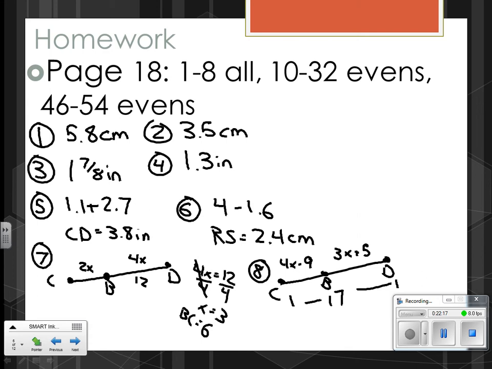How can I set this up? What do we say is true about part plus part? Equals the whole. So I'm going to set up my algebra equation. Part plus part equals whole. So 4x minus 9 plus 3x plus 5 equals the 17.